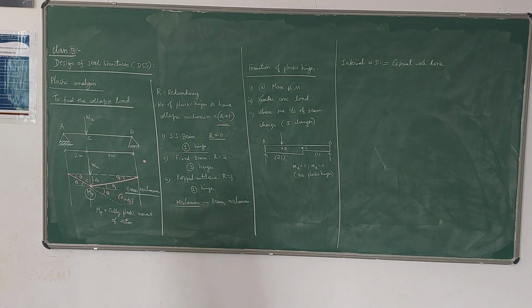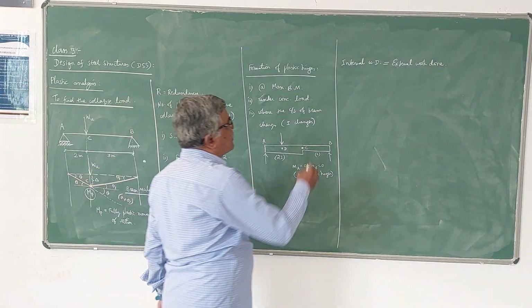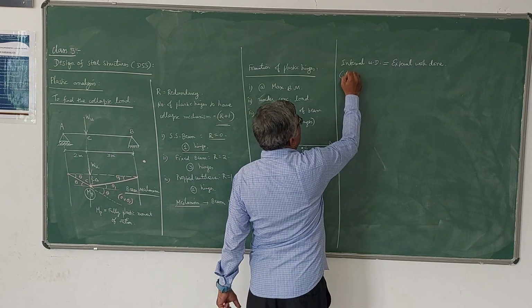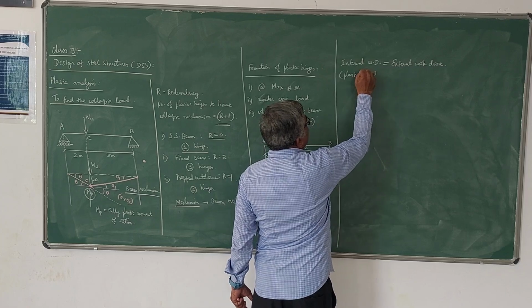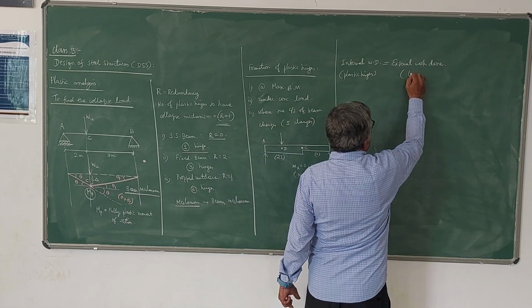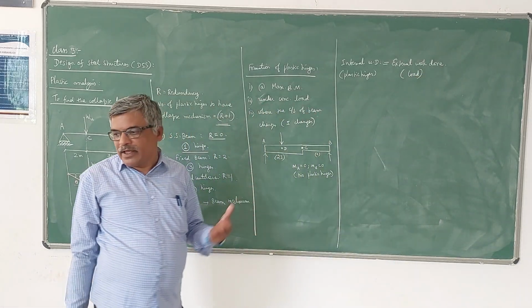So internal work done is the work done by the plastic hinges, whereas external work done is due to the external load that we are going to apply on the beam.